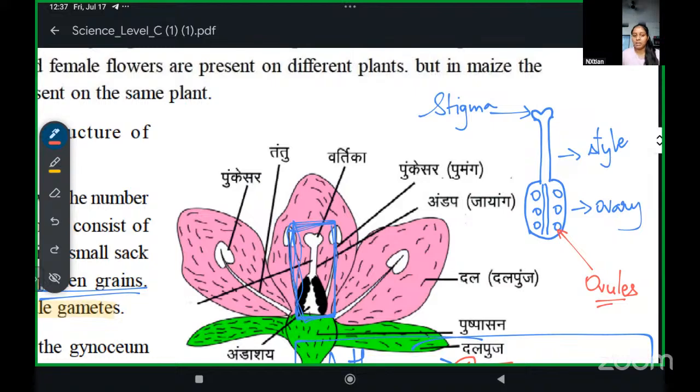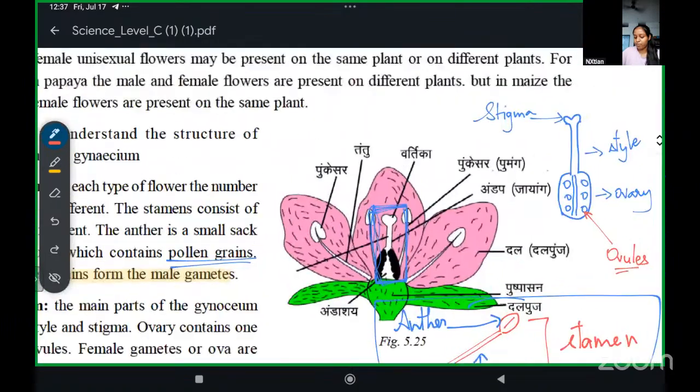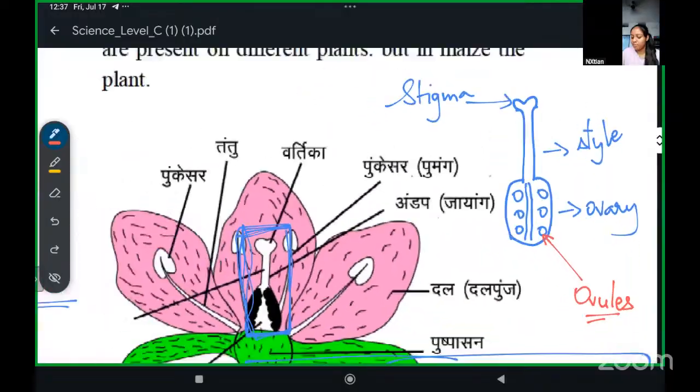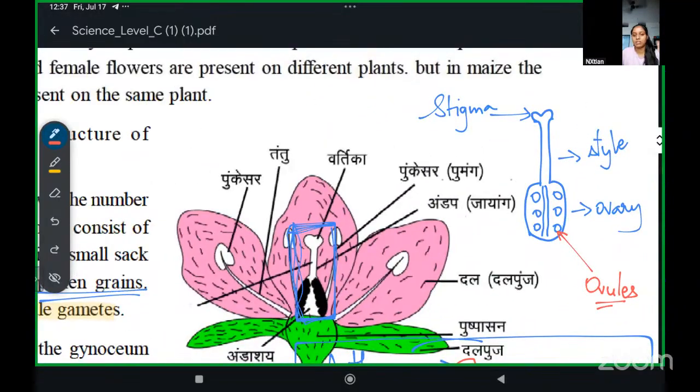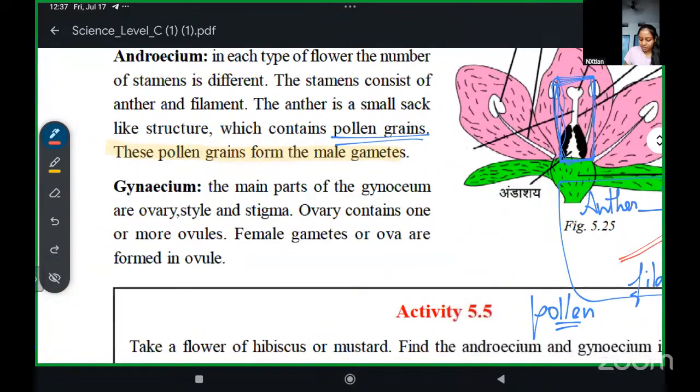The male part has pollen. The female part, the gynoecium, has ovules. Female gametes or ova are found in the ovules. Ovule, ova, female gamete, same thing.